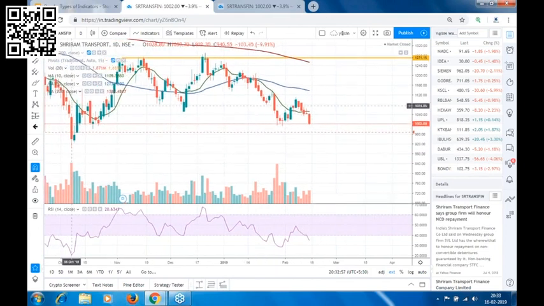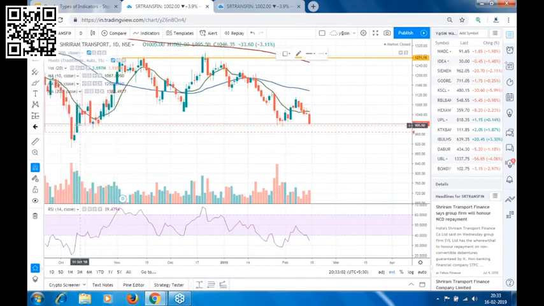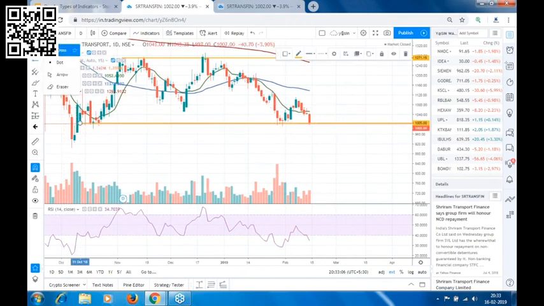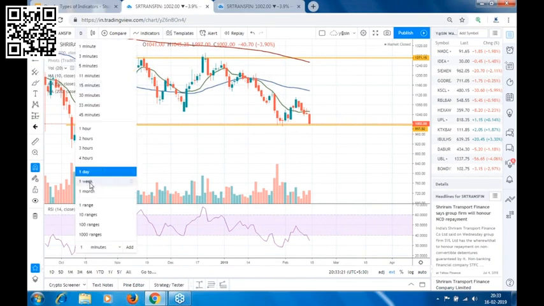But now if I look over here, the stock is on a support. Now let's check the weekly chart.